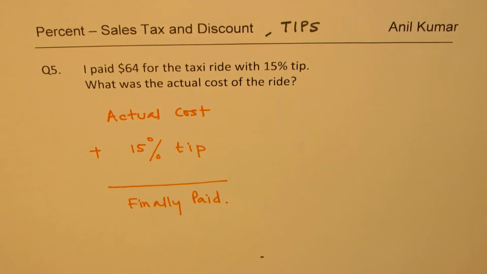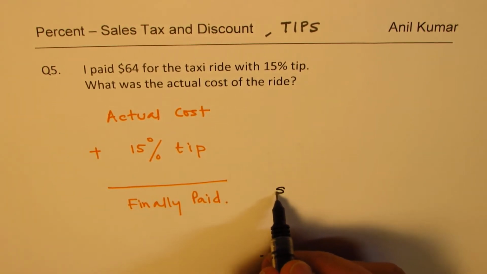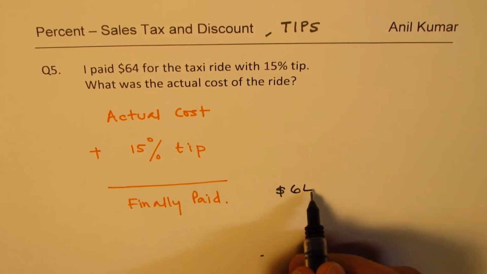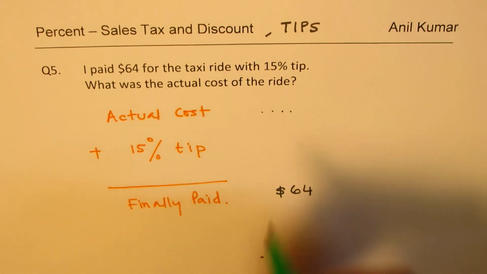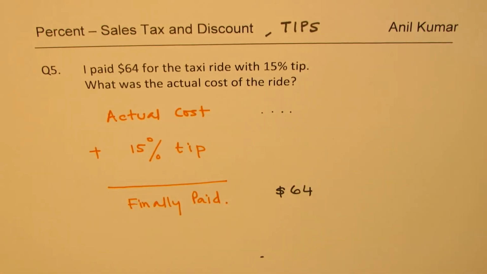So in this particular question, we are given that I paid $64. What you need to figure out is what was the actual cost. Is that clear to you? So we are going to do reverse calculation in this particular question. So I'd like you to pause the video, find the answer, and then look into my suggestion.